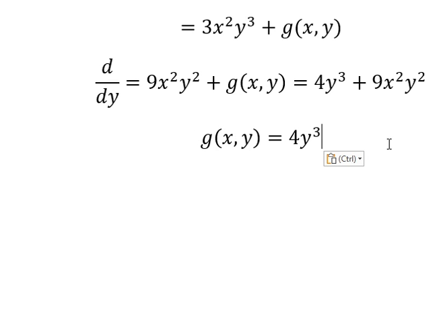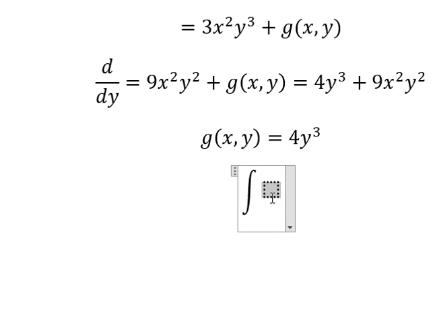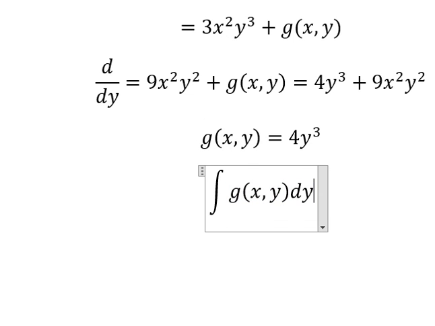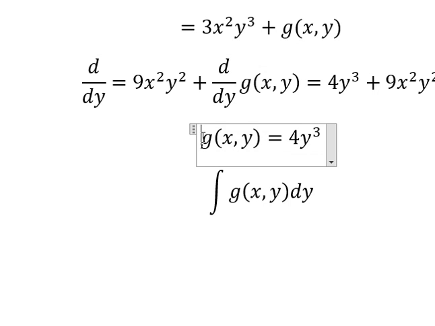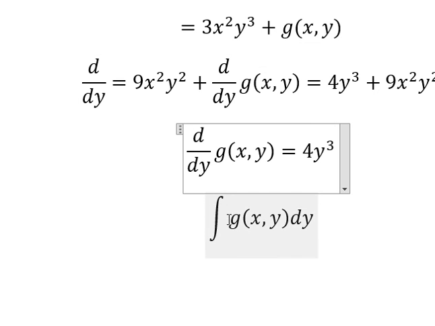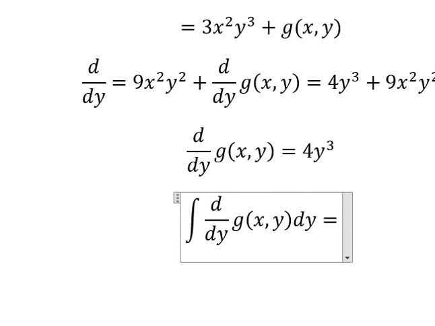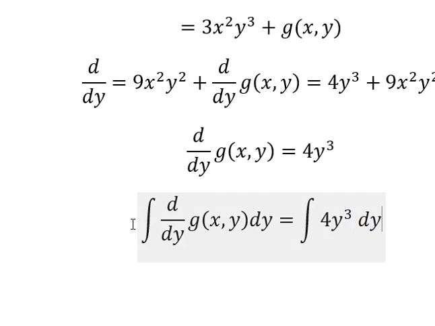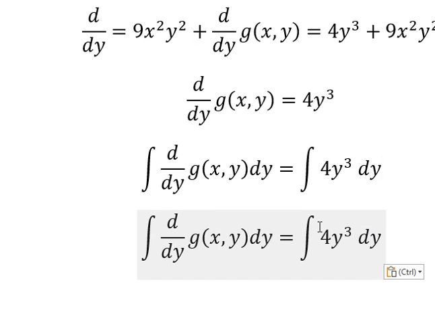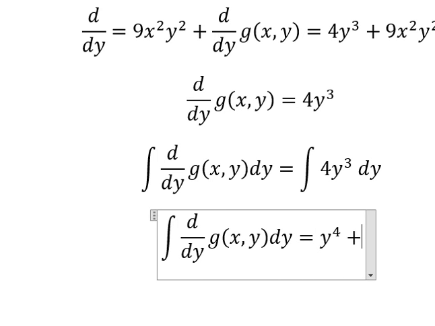Next, we put the integration for both sides. Oh, I forgot the over dy in here. So the integration of this one, we have y to the power of 4 plus c.